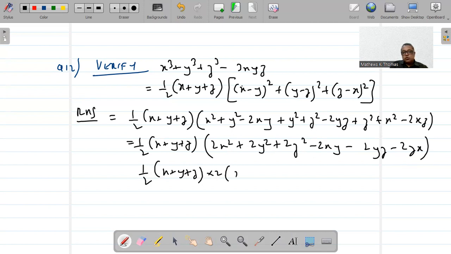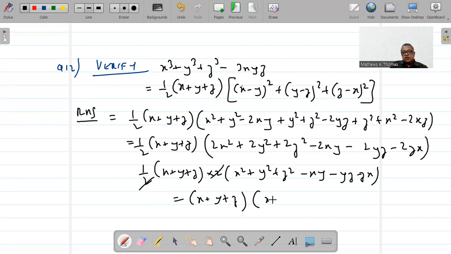When I take 2 common, I get x square plus y square plus z square minus xy minus yz minus zx. Here 2 and 2 get cancelled and we are left with (x plus y plus z) into (x square plus y square plus z square minus xy minus yz minus zx), which is actually the formula which we discussed just now.